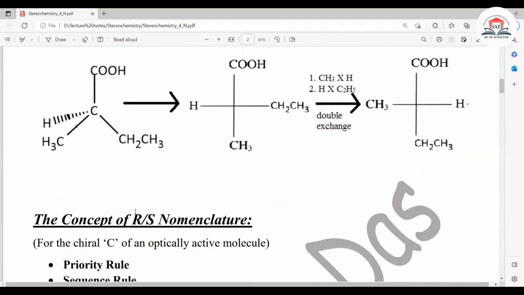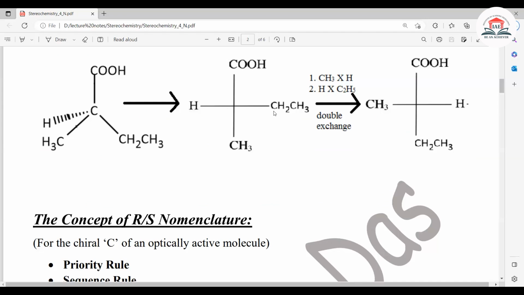Okay? For example, we will now draw this structure in the Fischer projection formula. So first we draw it like this. COOH and CH3 are in the vertical line, and H and CH2CH3 are in the horizontal line.